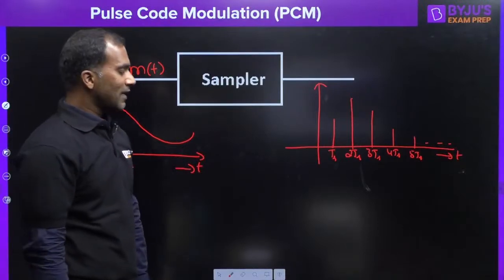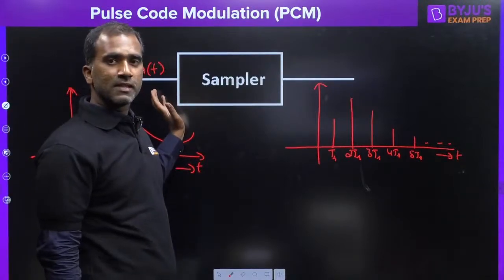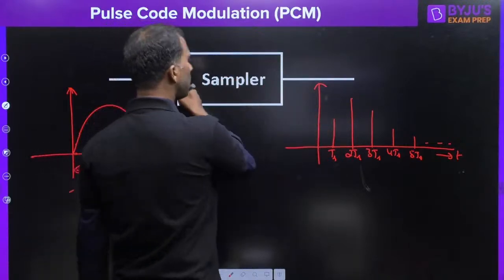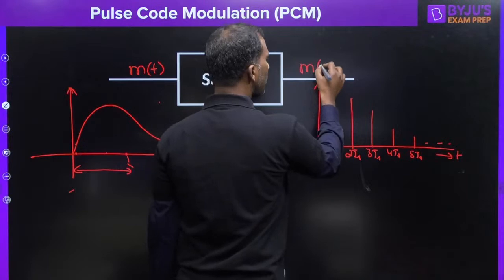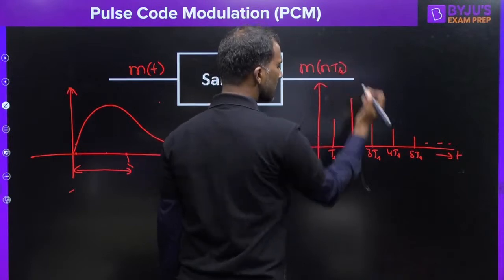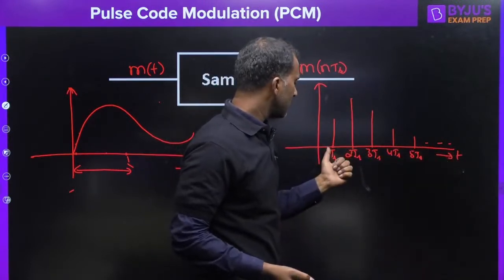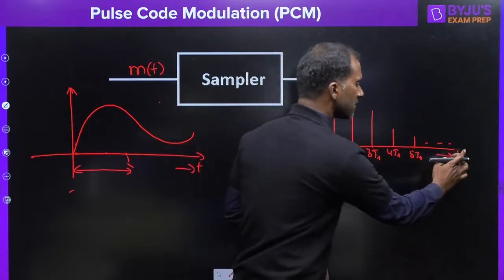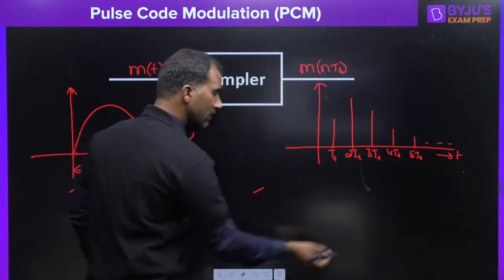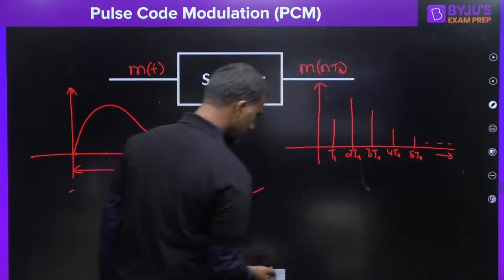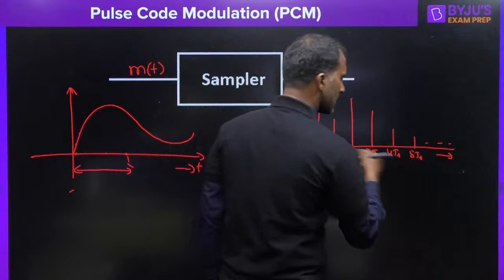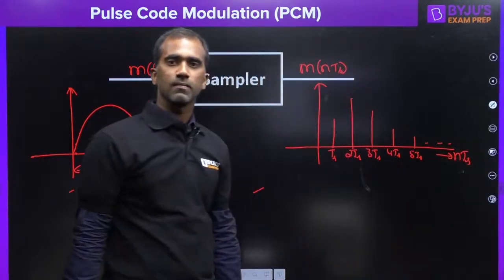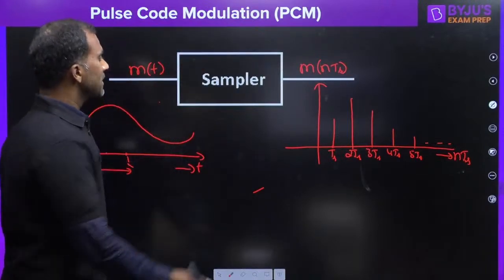Converting an infinite sample signal to a finite sample signal is what we call sampling. So from m of t, we got m of nTs. Instead of t, we are having Ts, 2Ts. The signal exists only at multiples of Ts. There is nothing wrong in writing it as t, but exactly speaking, the samples exist at multiples of Ts. So what is the sampler doing?